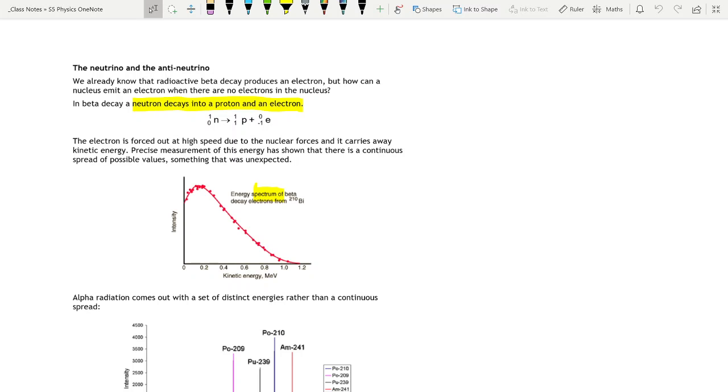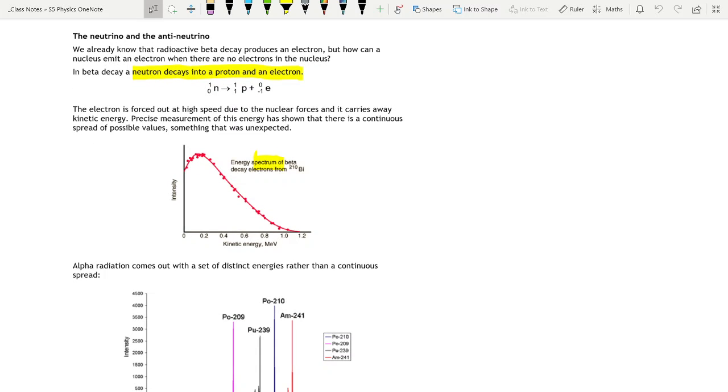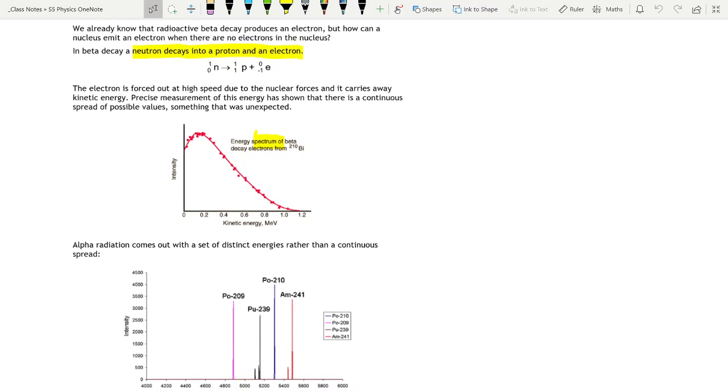Precise measurement of the energy that the electron moves off at shows that it's not just distinct energies, which we would normally expect, because if you know how much energy something's got, you can work out how much kinetic energy it's got. But when they did the experiments, they realized that wasn't the case. We couldn't predict exactly what kinetic energy it would have.